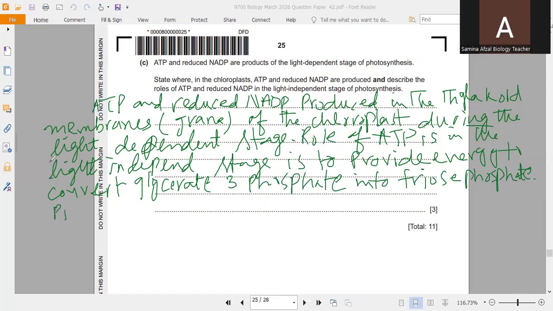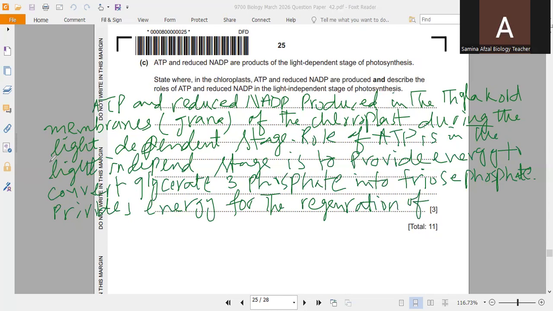And it provides energy for the regeneration of RuBP, which is ribulose bisphosphate, from triose phosphate.